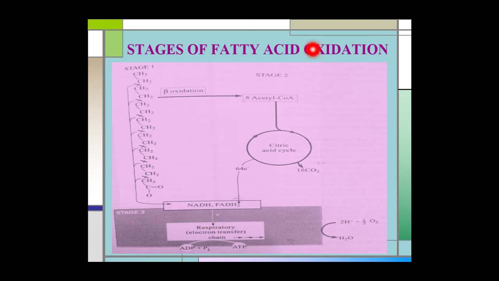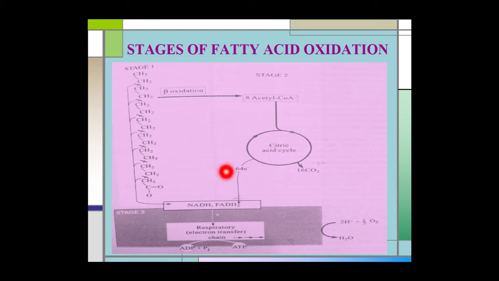In the stage second of fatty acid oxidation, the acetyl residues of acetyl coenzyme A are oxidized to carbon dioxide via the citric acid cycle, which takes place in the mitochondrial matrix.